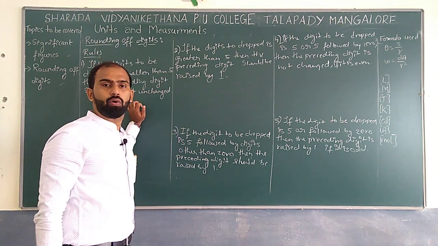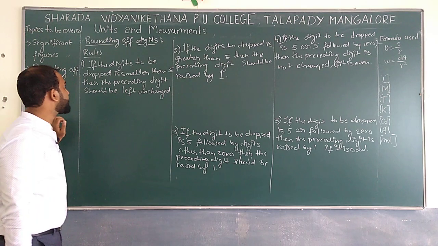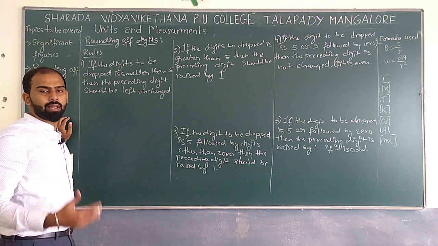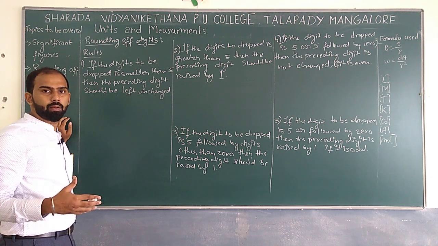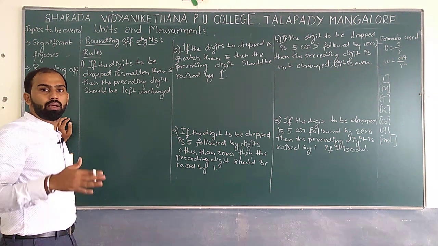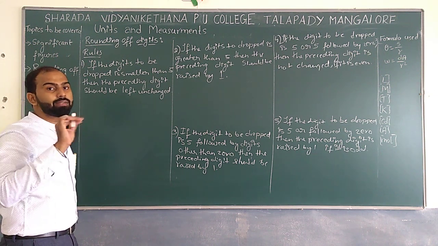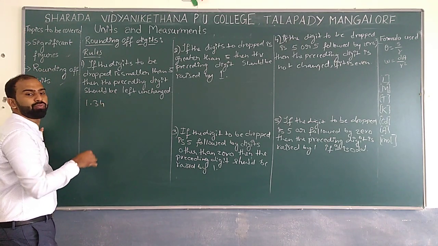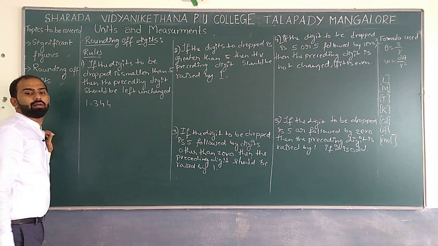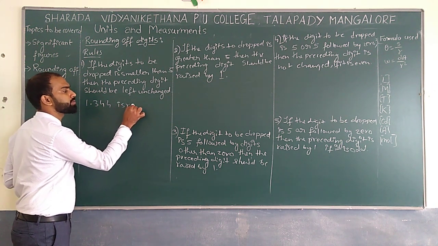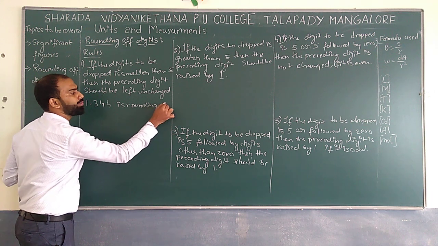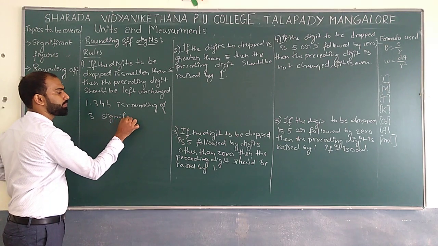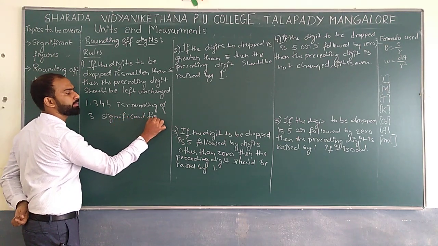Okay. So we'll move on to the first rule, which comes under this particular concept, that is if the digit to be dropped is lesser than 5, then the previous digit should be retained as it is or left unchanged. In the sense, take an example of, let us say, 1.34 rounding off to 3 significant figures.